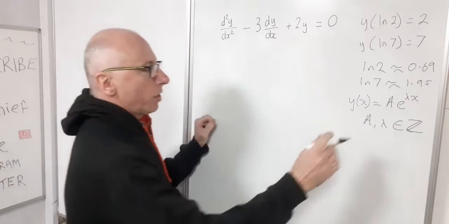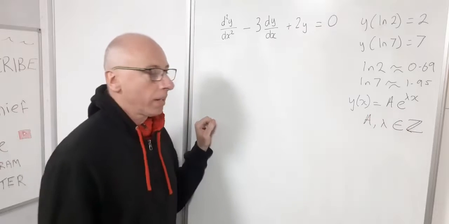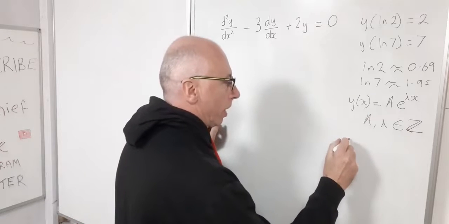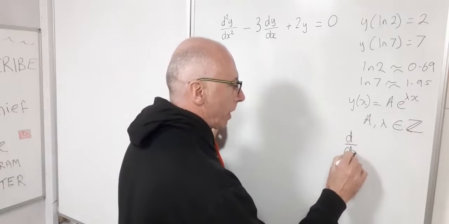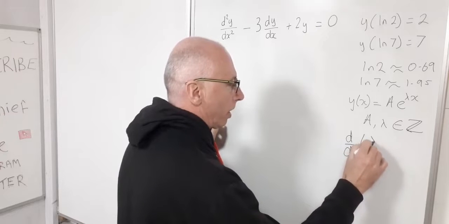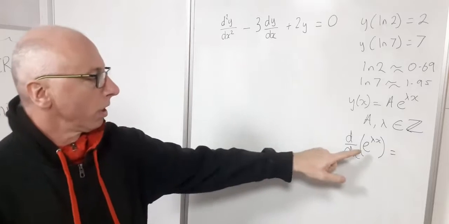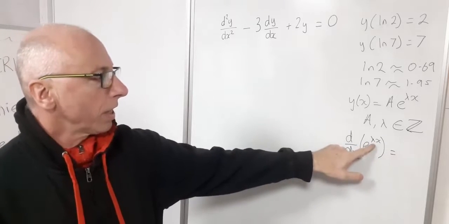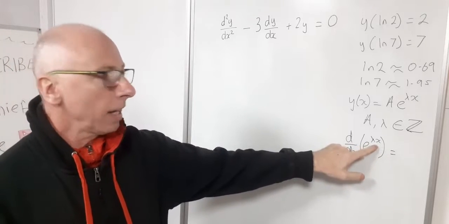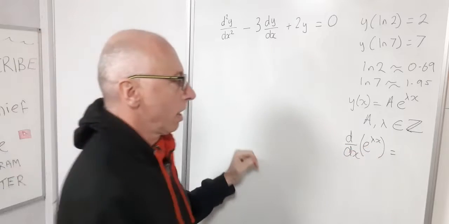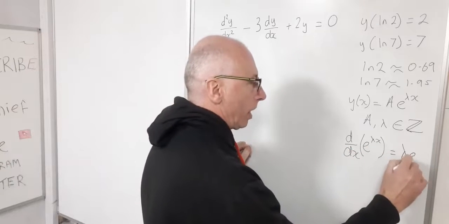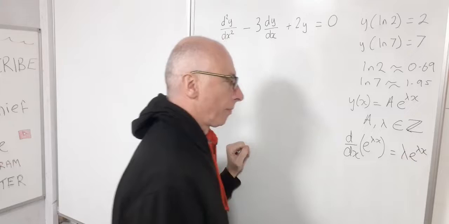So, let's first of all find the derivative of e to the lambda x. So, the derivative with respect to x of e to the lambda x equals lambda comes to the front because that's the constant multiplied by x, and the input for the exponential stays, so that just becomes lambda e to the lambda x.